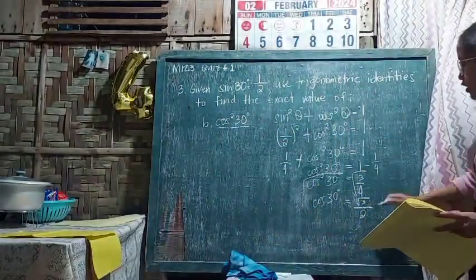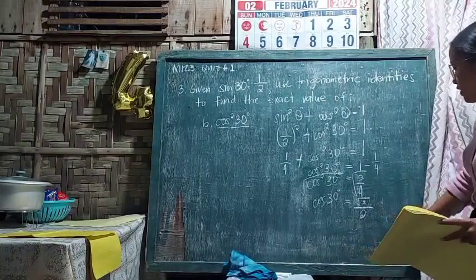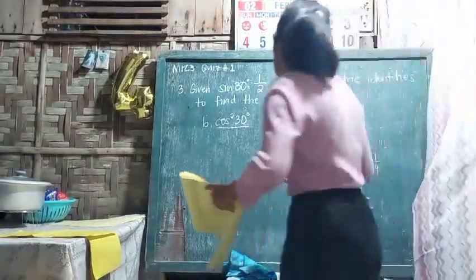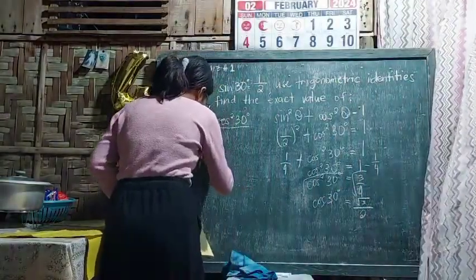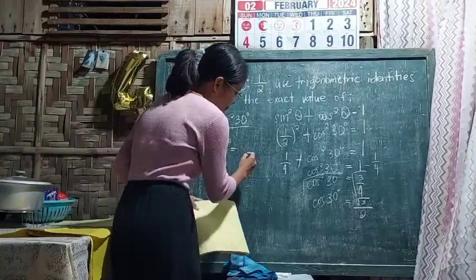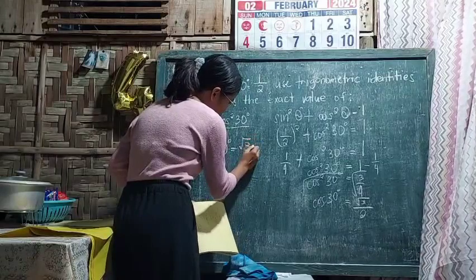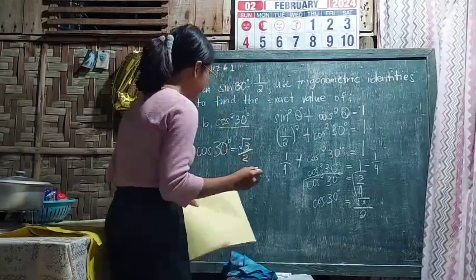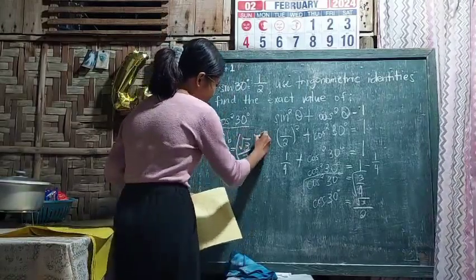So, the value of our cosine 30 degrees is equal to square root of 3 over 2.